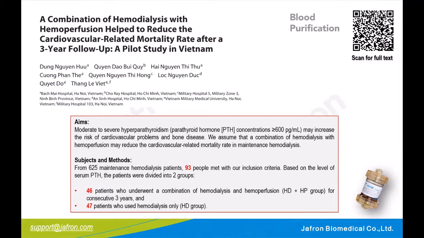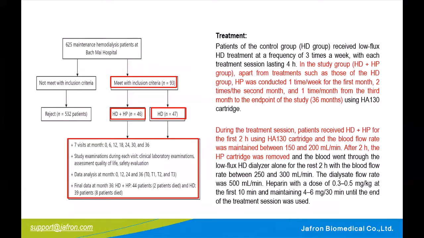So they evaluated the PTH changes in patients, and also evaluated the patients' survival rate, so as to come out with their conclusion. They enrolled 93 patients in the hospital and divided them into 2 groups.